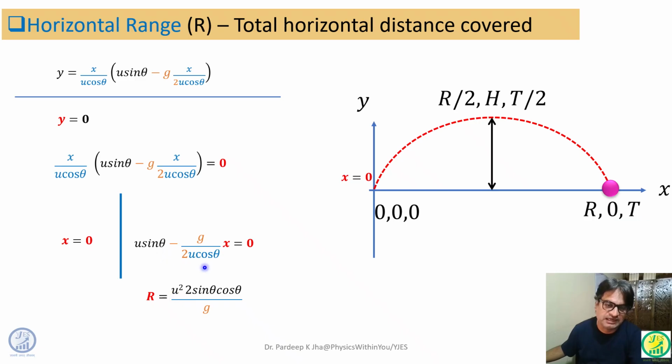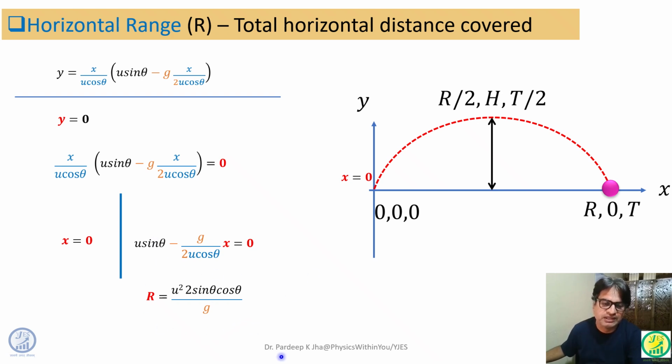And the equation can be settled if you do a little algebra. What do you get? You get u square times 2 sin theta cos theta upon g.